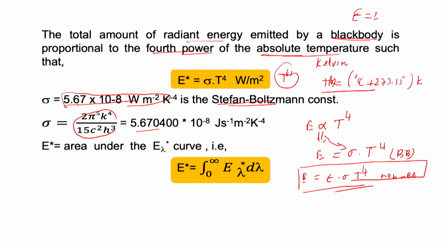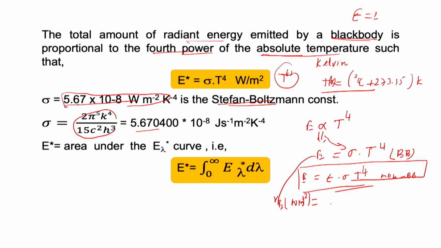If you don't remember the units, I will tell you how to remember them perfectly, because energy is in watts. Just remember that energy is in watts, and you have T to the power 4. Watts per meter square, sorry. Energy here is a kind of flux, radiant energy or flux density or radiant flux density.